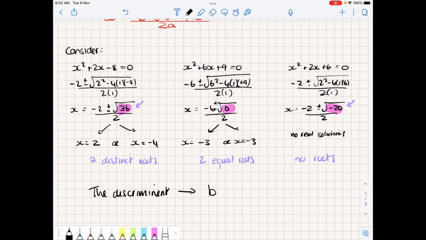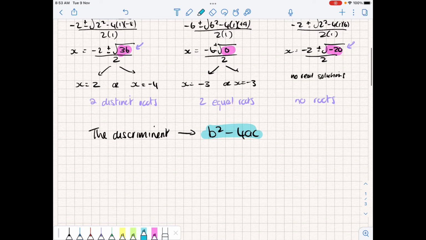Everything under the square root is b squared minus 4ac. Depending on the value of the discriminant, we've been able to observe that we get certain solutions. One of the most important things to remember about the discriminant is, if b squared minus 4ac was a positive number, in other words greater than 0, we would get two real solutions.